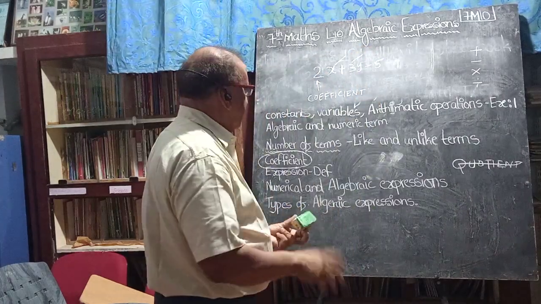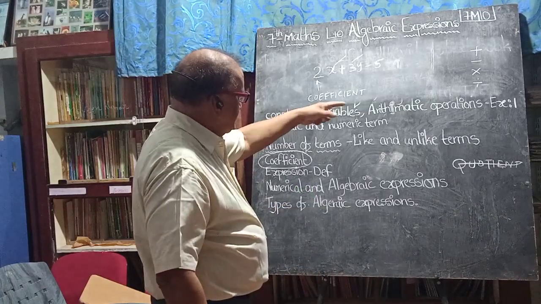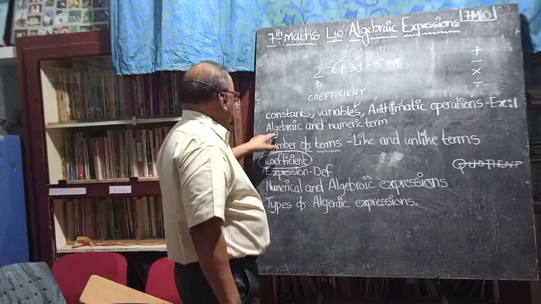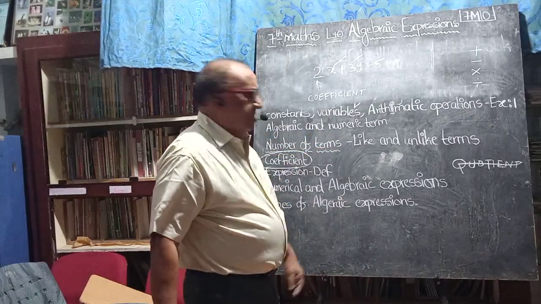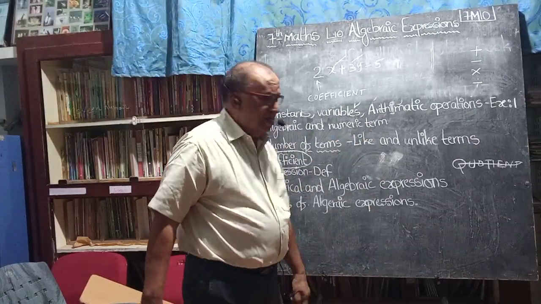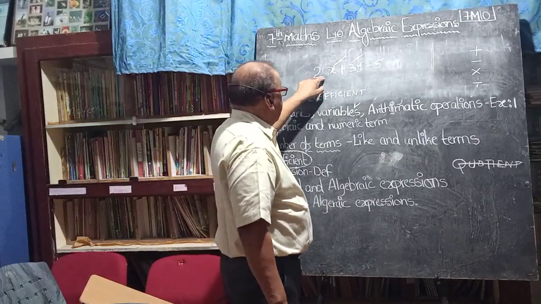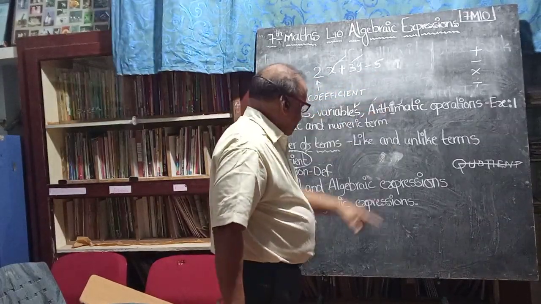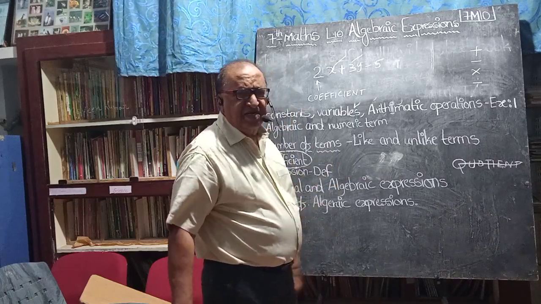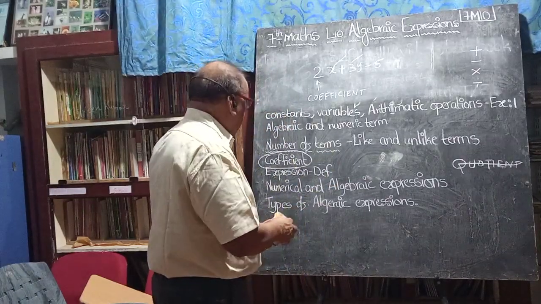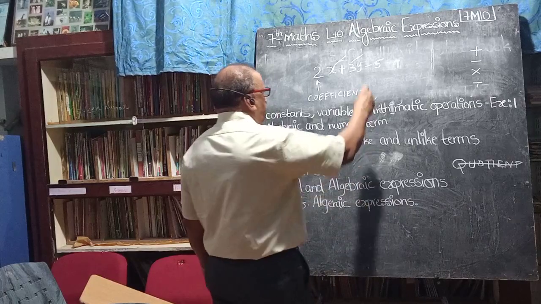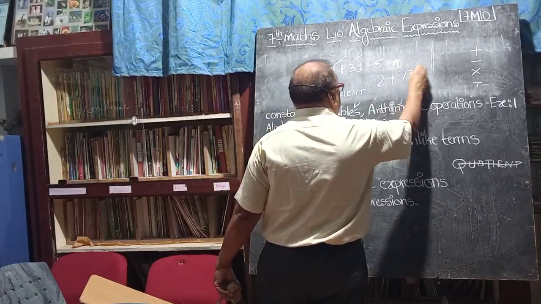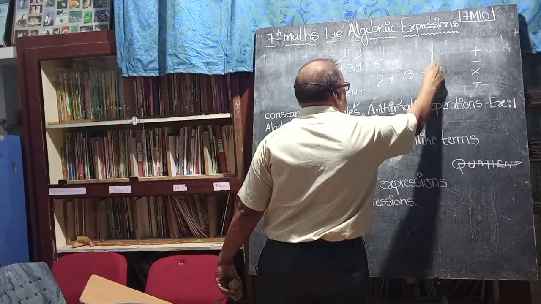Okay? After that, now I will tell you about arithmetic operations. Here, I told you about the algebraic term and the numerical term. This is the algebraic term, this is the numeric term. The total is called an expression. Numeric expression: suppose let me take 2 plus 73 minus 27.